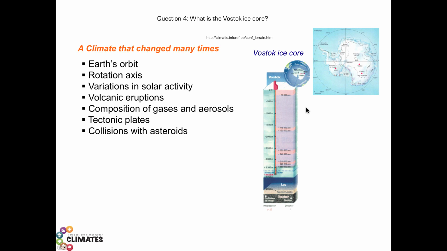The deeper the ice, the older it is. Scientists have therefore been able to go back from the surface of the ice core representing today to more than 400,000 years ago. They use the collected data to construct graphs, such as this one.